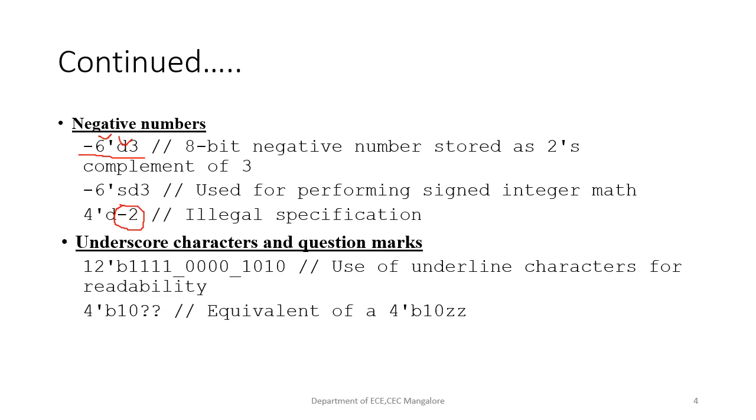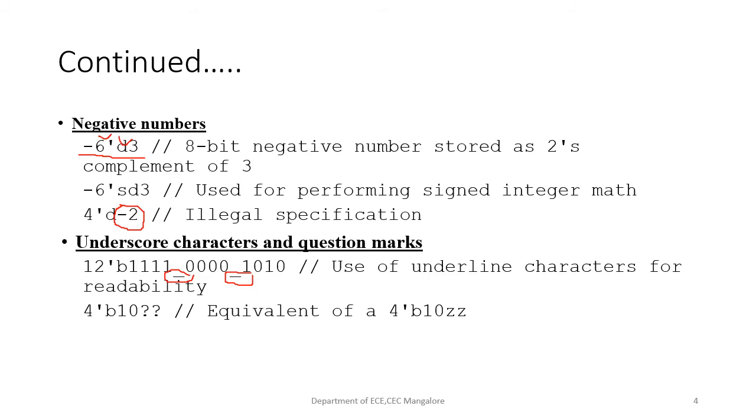And underscore: if you want to declare larger values, then you can use underscore. Underscores are nothing but white space in Verilog HDL. They just break the sequence, that's all. And when you are doing synthesis or simulation, it will take the entire number.